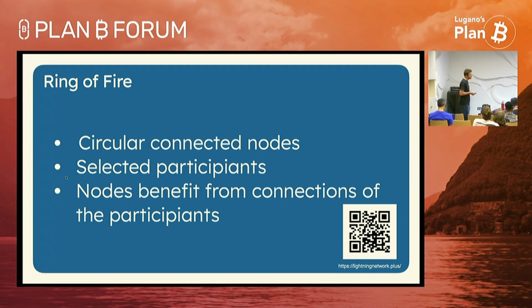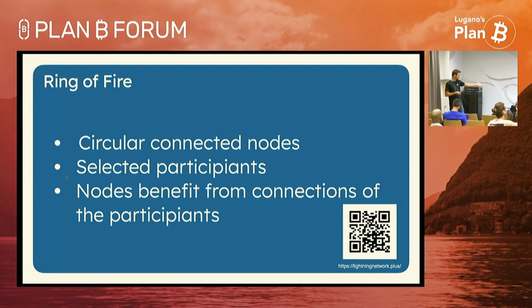Of course, it's very important here to work closely with selected participants. That is basically what you meant before with peer selection. Since we have to coordinate among each other as operators, we have to connect, for example, on Lightning Network Plus.